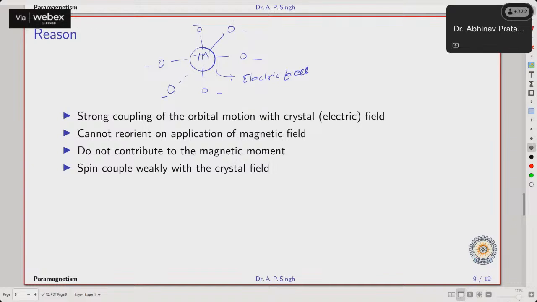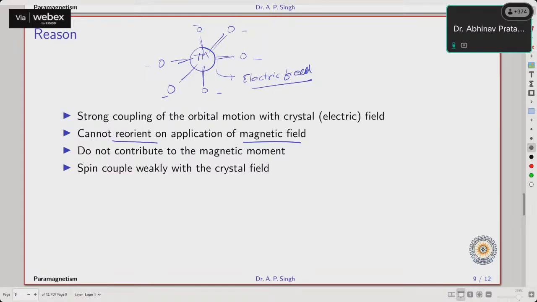What happens because of this electric field is that whatever orbital motion is there, that orbital motion cannot reorient itself on the application of a magnetic field. That means it gets stuck because of this bond formation with the oxygen. And because it cannot be rotated, it does not contribute to the dipole moment of the solid or the ion in this case.